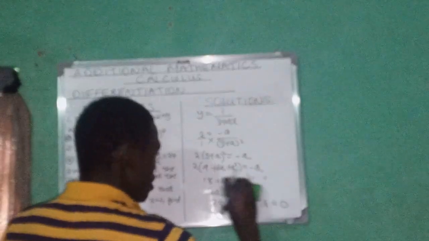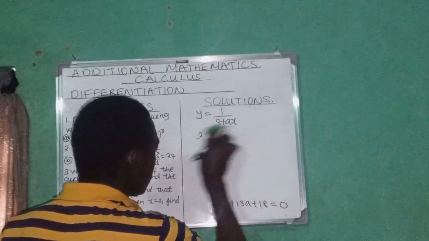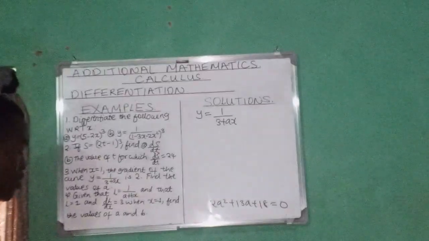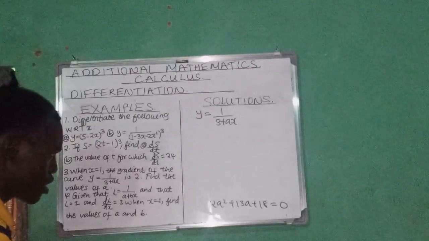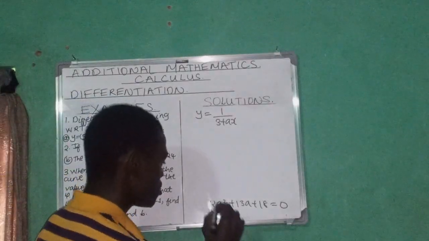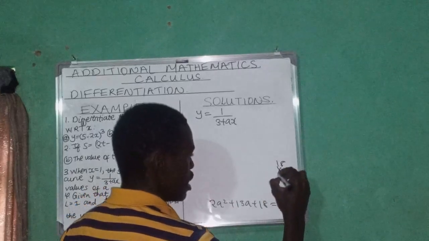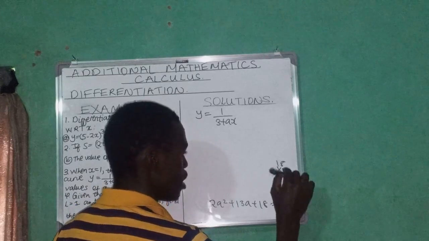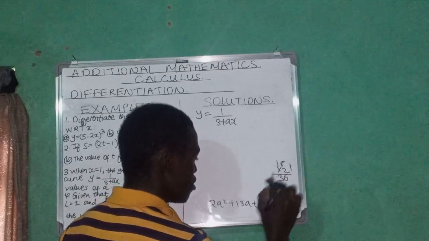Okay, so for me, I'm going to solve it by factorization. You can solve this by using the quadratic formula, or you can solve this by completing the square. But I think if you solve this very well, it needs to be factorized, which means that we might take longer. So 18 times 2, which we are finding the product, is 36.